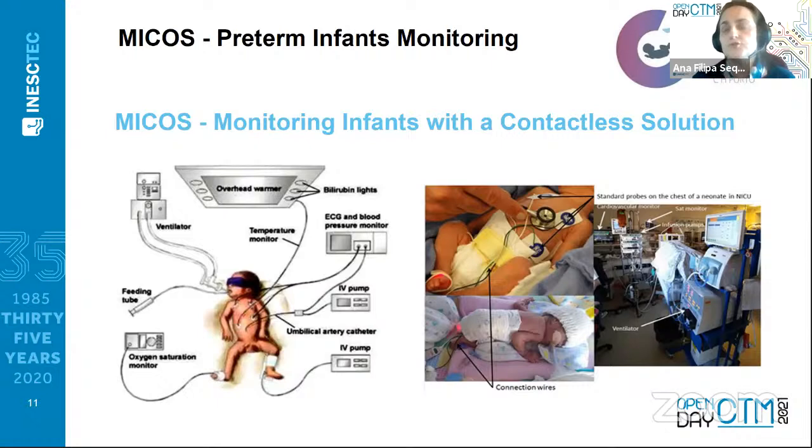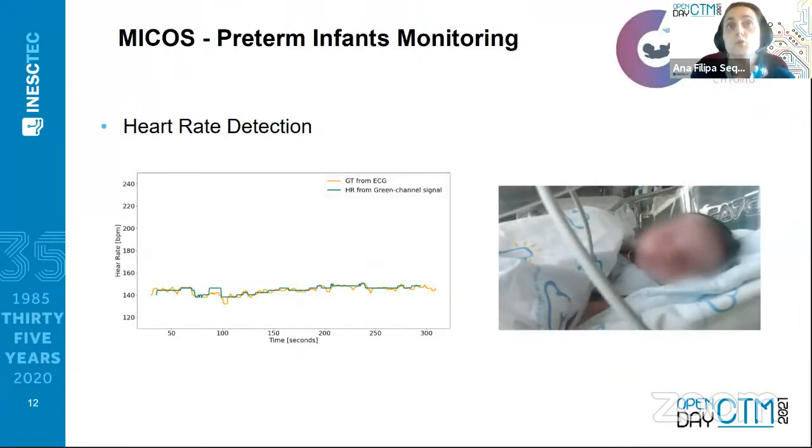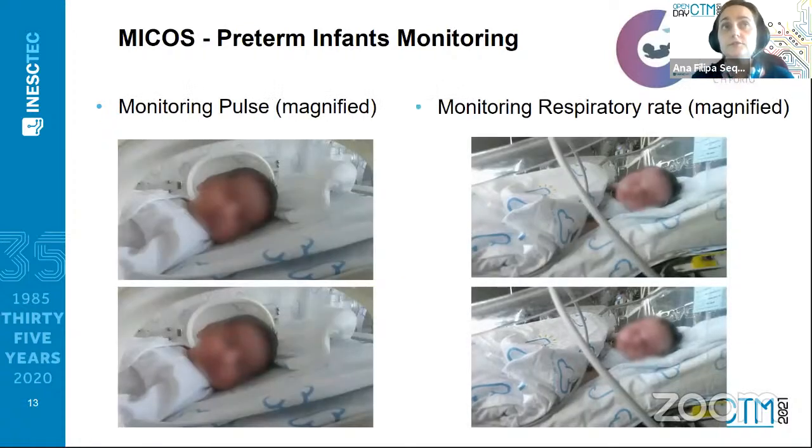The main focus here was to simplify the medical artifacts around these very vulnerable patients. So we can see here an example of less intrusive heart rate detection, or the monitoring of the pulse and the respiratory rate, for example. And these are very good examples.